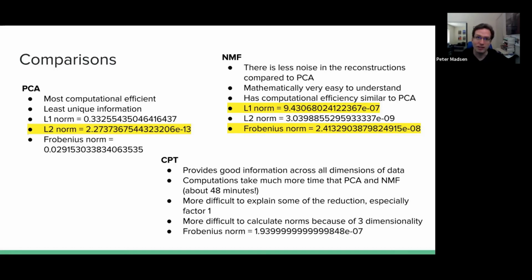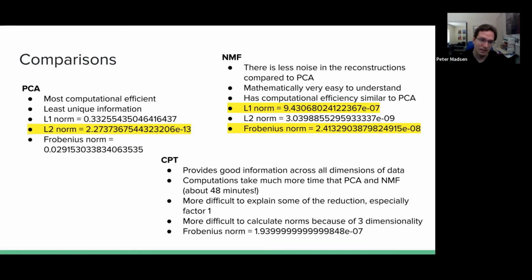One thing that we did for each method was to calculate the L1, L2, and Frobenius norms of our data before and after deconstruction, and then take the difference of the 2 in order to quantitatively describe how accurate they were at retaining as much information as possible from our data.